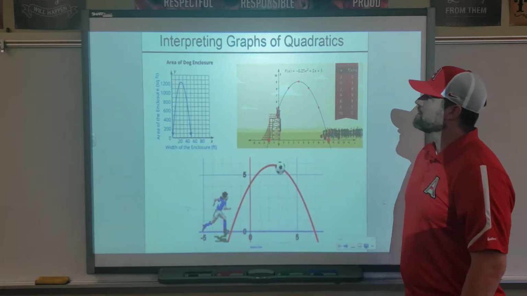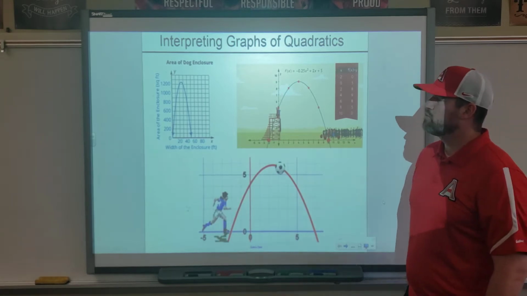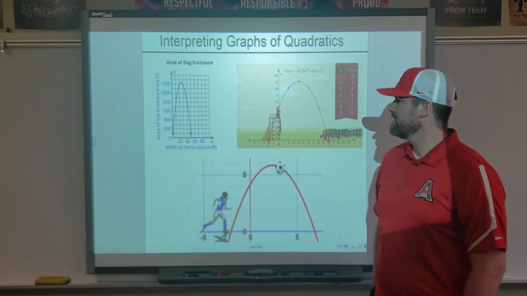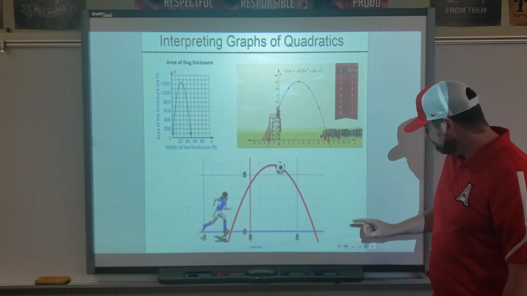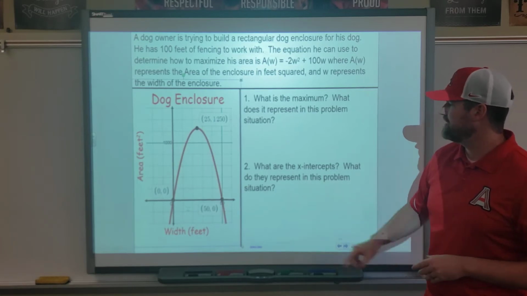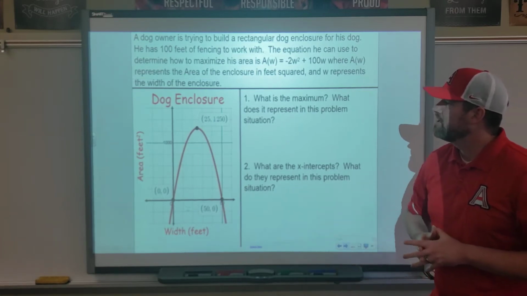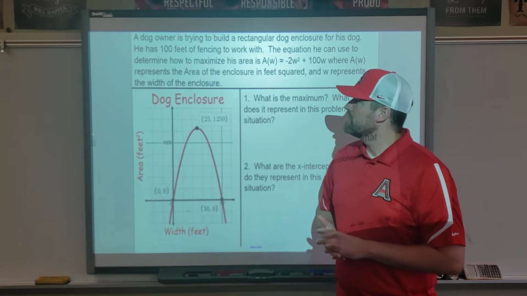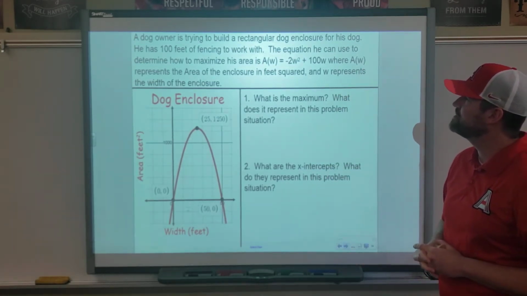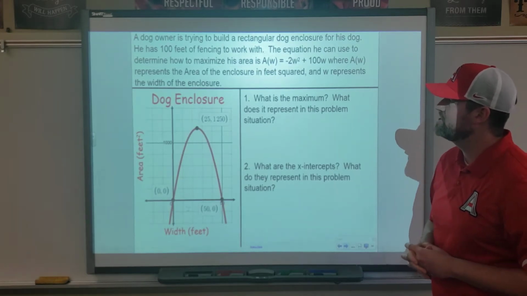Moving right along, we're going to interpret graphs of quadratics. Quadratics come into play quite a bit in real life scenarios. So we're going to go over 4 different scenarios and answer some questions about them. The first one, it's kind of a long intro, but a dog owner is trying to build a rectangular dog enclosure for his dog.